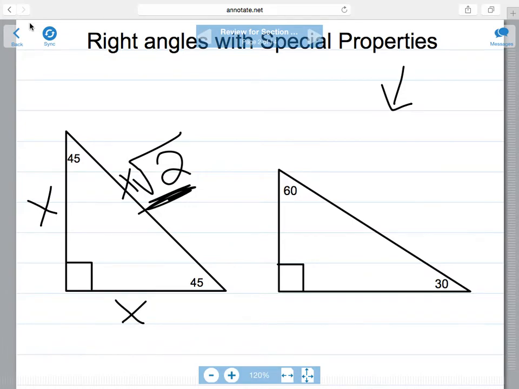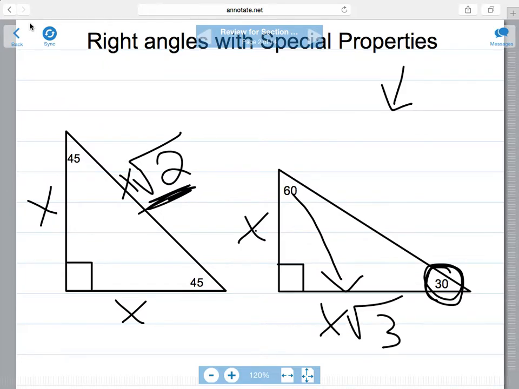The main thing to remember is that whichever leg is across from 30, that's the short leg. So in this case, this would be the short leg, so we'll call that x. The long leg would be x square roots of 3, and the hypotenuse would be 2x.